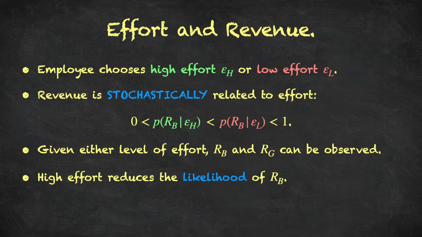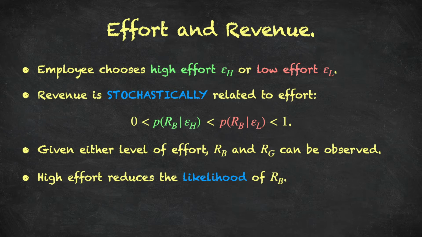We say that revenue is stochastically related to effort in the following sense. Effort is going to affect the distribution of this random variable revenue. It's not going to determine the level of revenue, but it's going to affect the likelihood of it being bad or good.